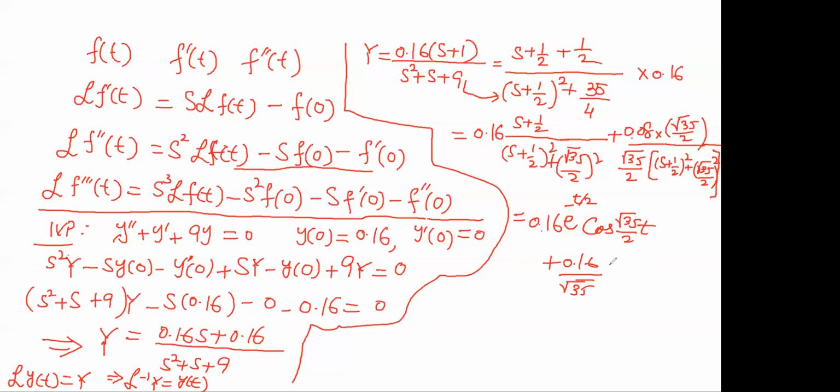So this is e power minus t by 2 sine of under root 35 by 2 t. So this was the Laplace of sine of omega t with the shifting of 1 by 2. In this way we can find the solution. Here we have written the solution in terms of s, so this will be the solution in terms of y of t. Okay, so this will be the solution.